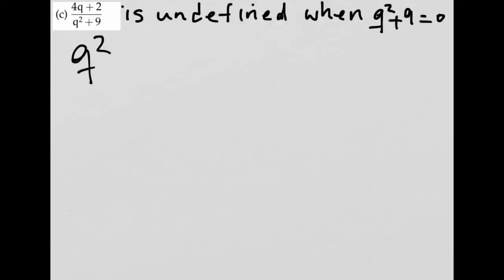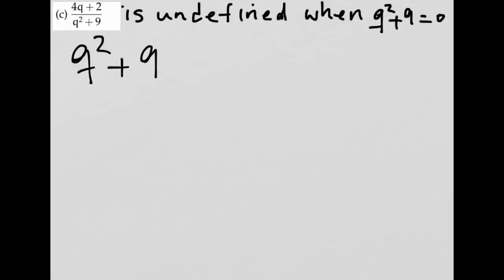If q is a positive number, and we square it, we get a positive number. Plus 9, that's a positive number. So for any positive number, q squared plus 9 is positive. If q equals 0, we get 0 squared plus 9, which is 9, and that's positive. And if q is any negative number, we square it, that results in a positive number.